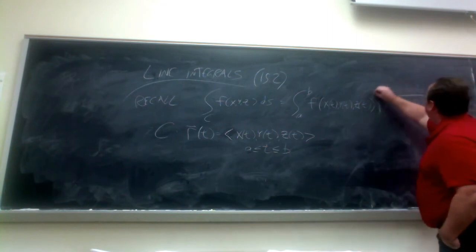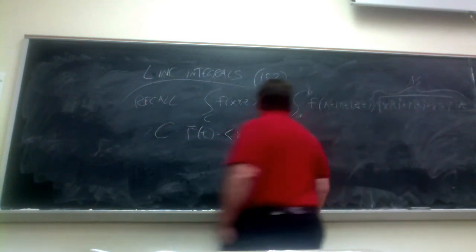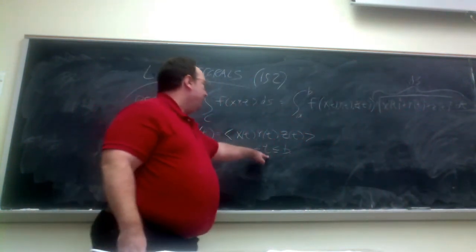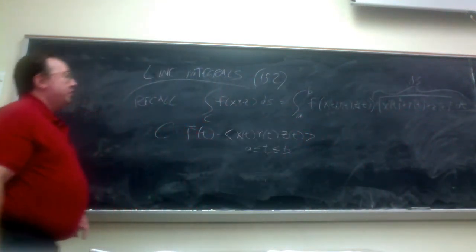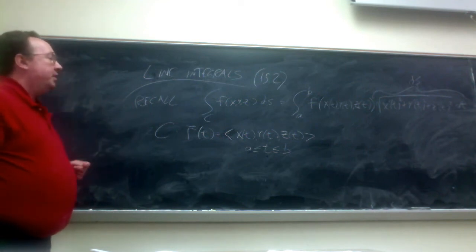So all this square root expression of dt, that is what ds is written as. Your limits of your parameter become the limits of your integral, and you work it out from there. Although that integral can be quite a pain, depending on what your curve is.